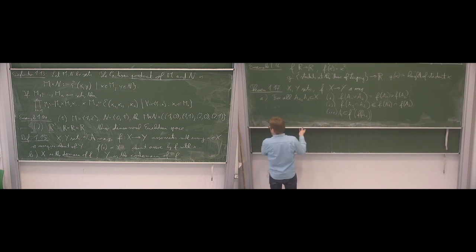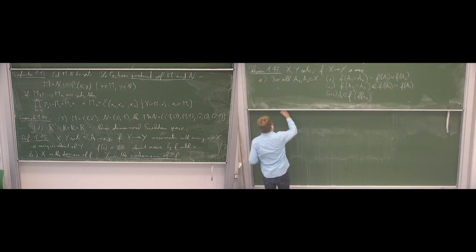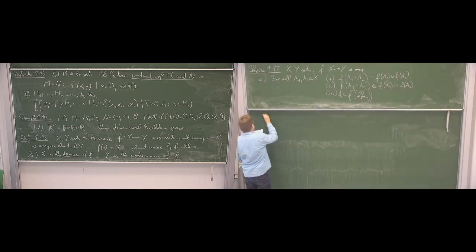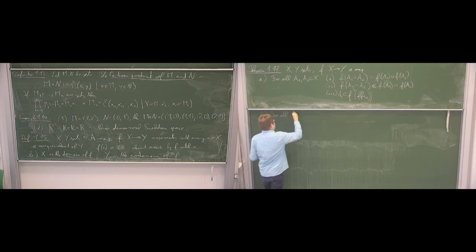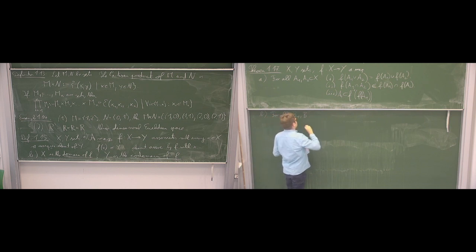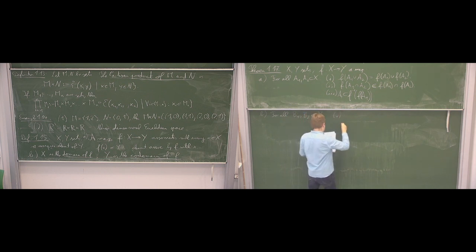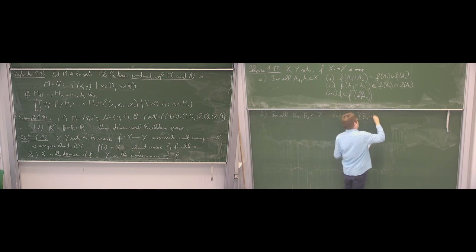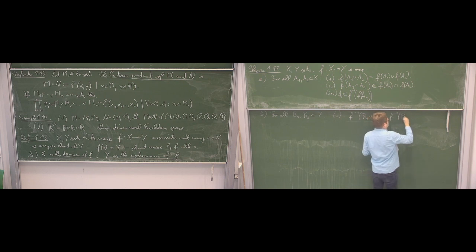Okay, part B. Now we do it the other way. This was about images; now we consider pre-images. For all B1, B2 subsets of Y, we obtain that first, the pre-image of a union is the union of the pre-images.